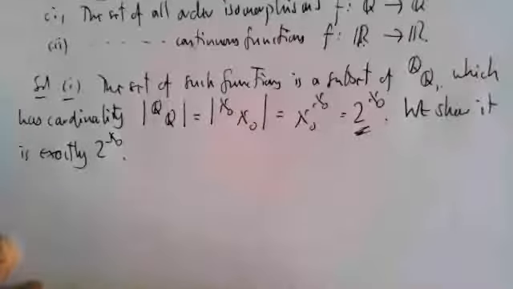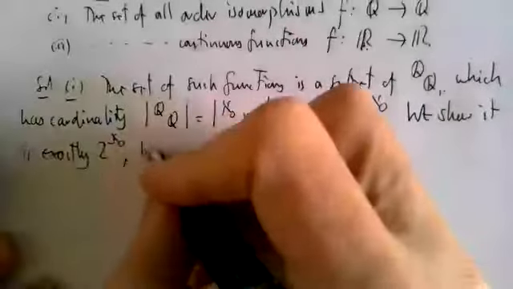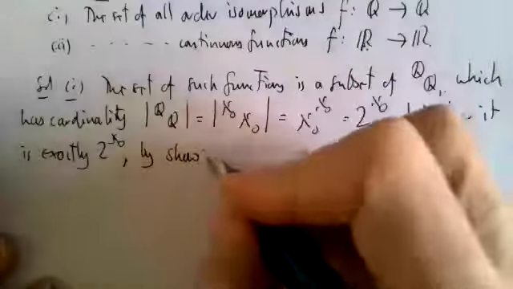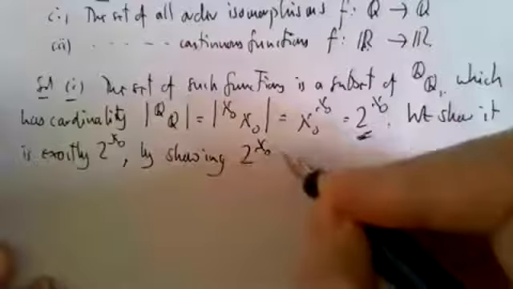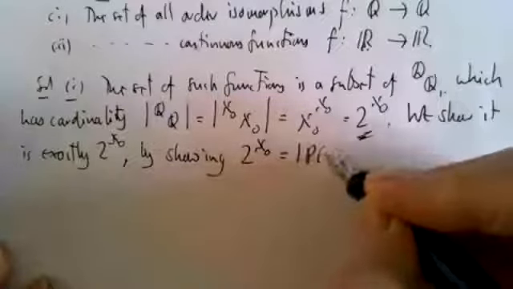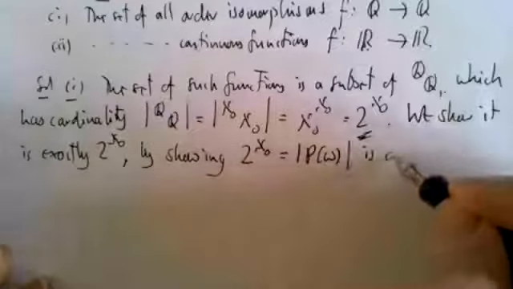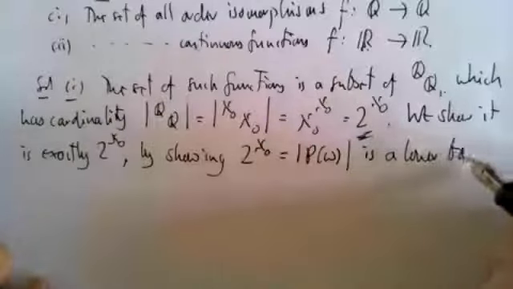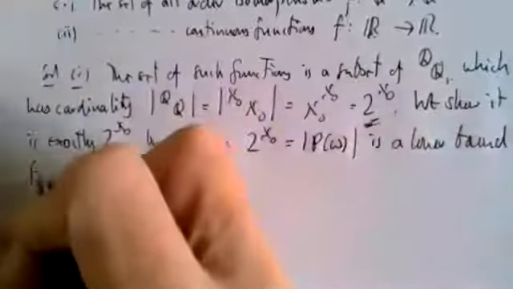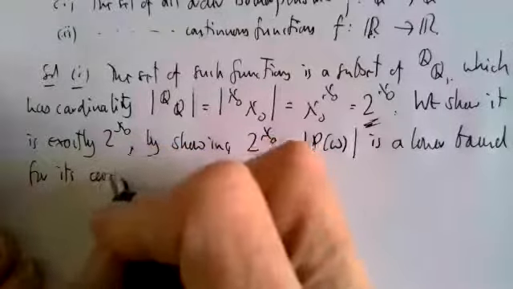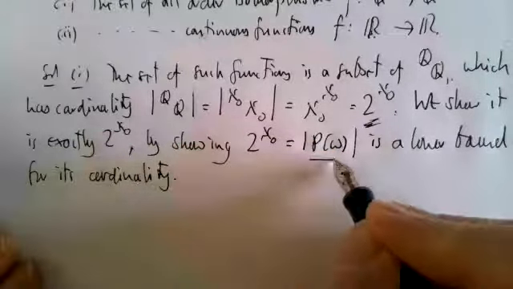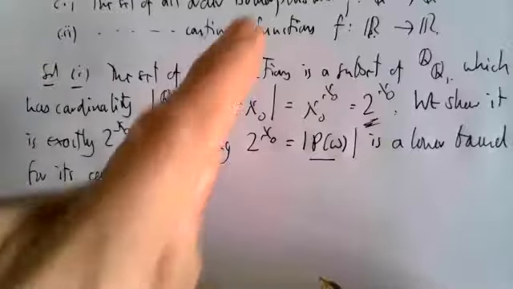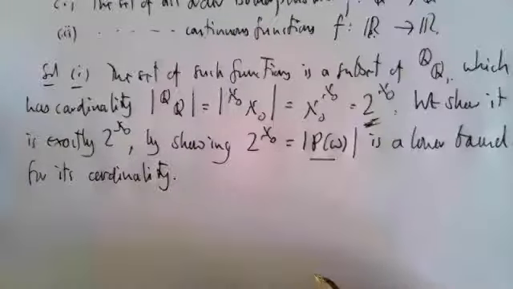This is one way. The cardinality of the power set of omega is a lower bound here. So for each subset of omega, I'm going to find a different order isomorphism.